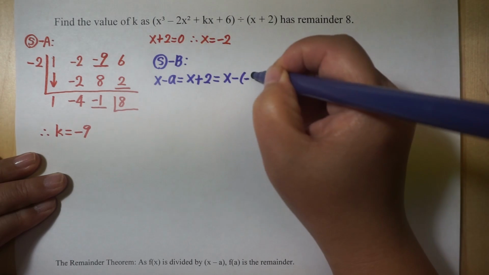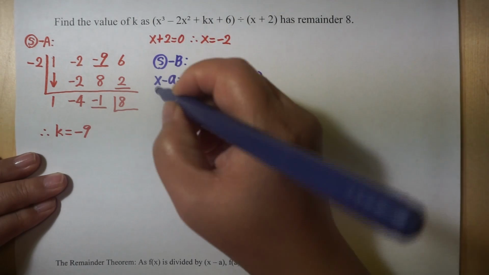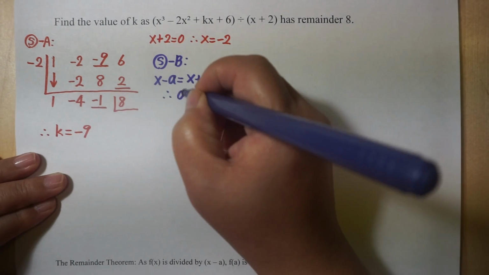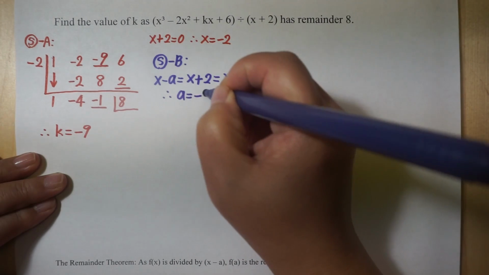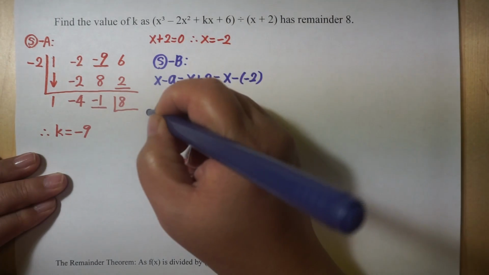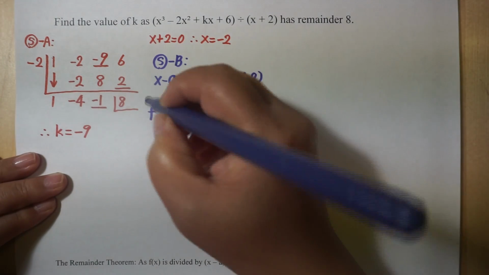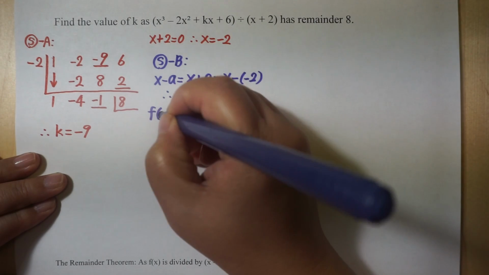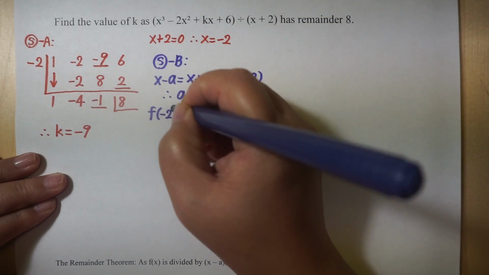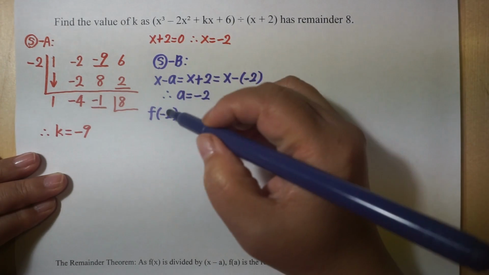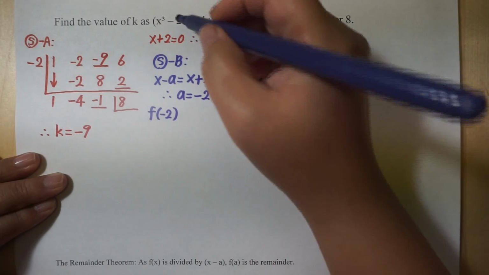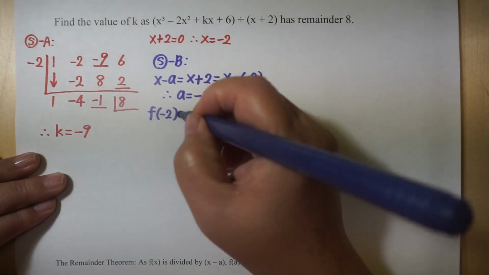And we know a is equal to negative 2. So f of a, the remainder f of a, is actually f of negative 2 this time. And basically we're going to plug negative 2 into x of f of x.